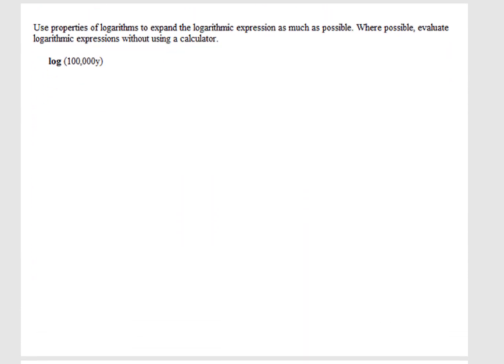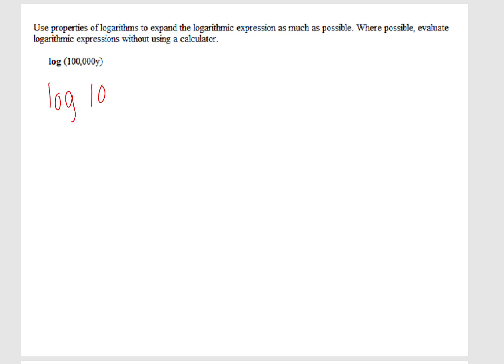So, all right, they want us to use properties of logarithms to expand the logarithmic expression as much as possible. Where possible, evaluate them without a calculator. We're just going to practice it using the calculator as well, but I'll show you without the calculator after we punch it in. So it's a common log, right? There's no base there, so I understand it to be 10.